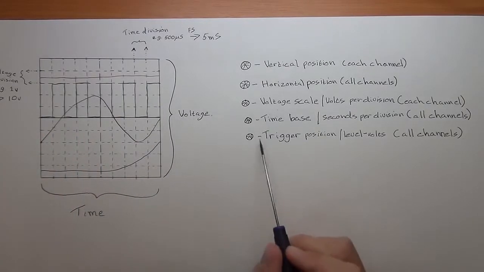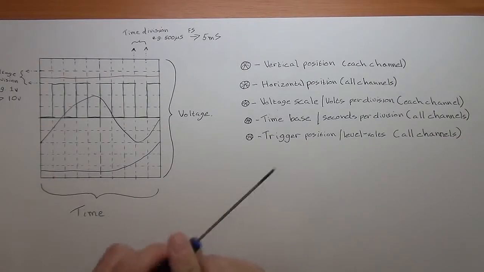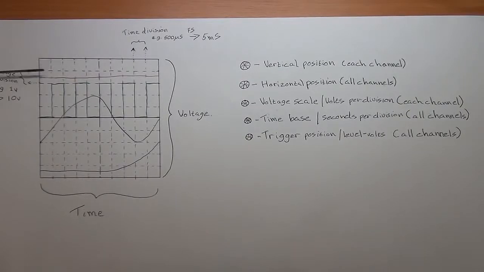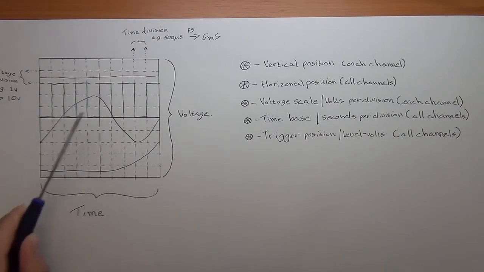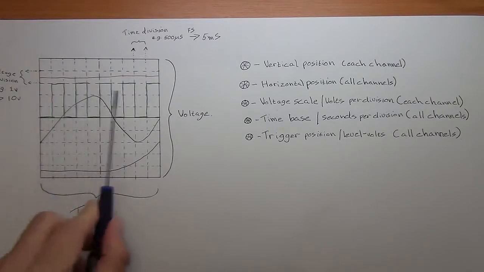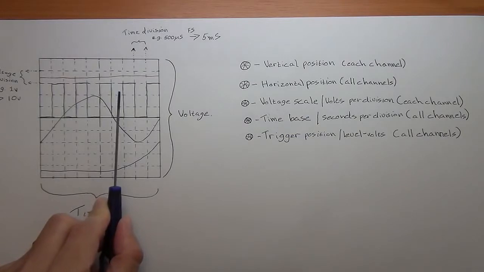Then another interesting and important adjustment is your trigger position. And that trigger position is something I'm going to demonstrate now. You can adjust that so that it basically gives you a stable view of your signal coming in. Your signal might not necessarily be a clean one which is being displayed in the same position of your display the whole time.